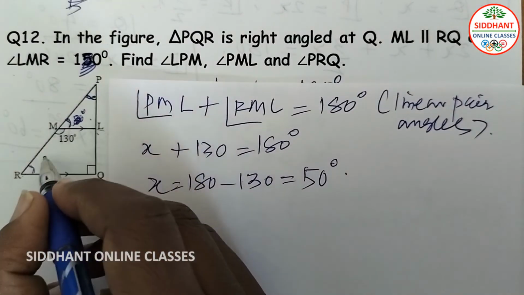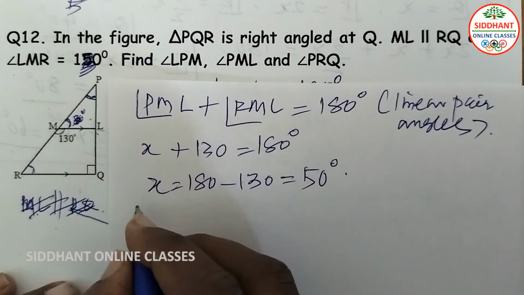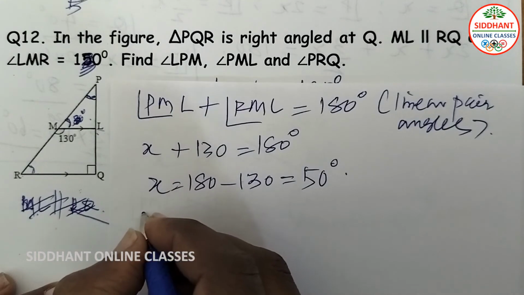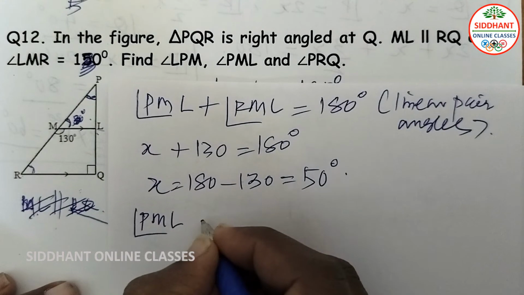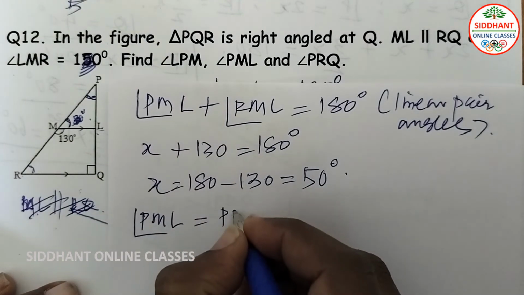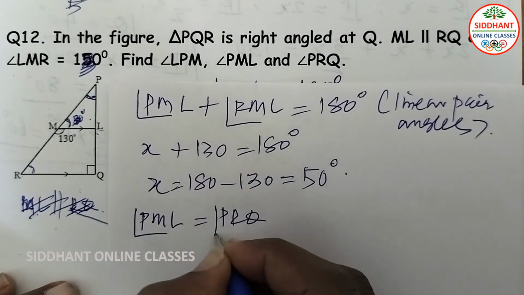So now we are going to see angle PML is equal to angle PRQ.